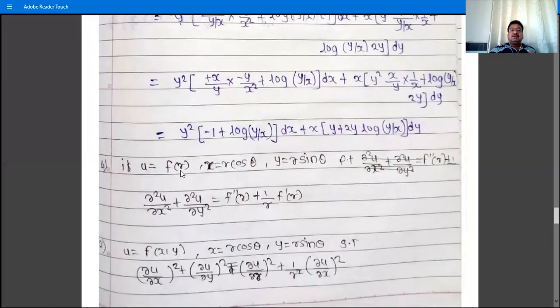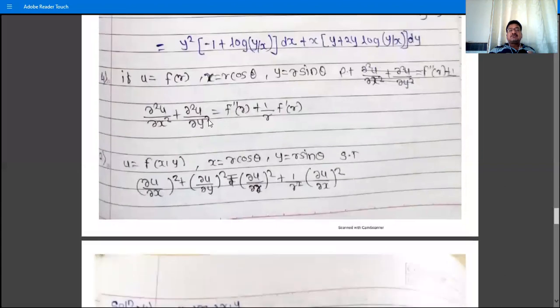Then if u is f of r, that is u is a function of r, and x is r cos theta, y is r sin theta, prove that ∂²u/∂x² plus ∂²u/∂y² is equal to this. So u is actually f(r), but x and y are functions of r. So u is a function of x and y actually, because we have the value of r.